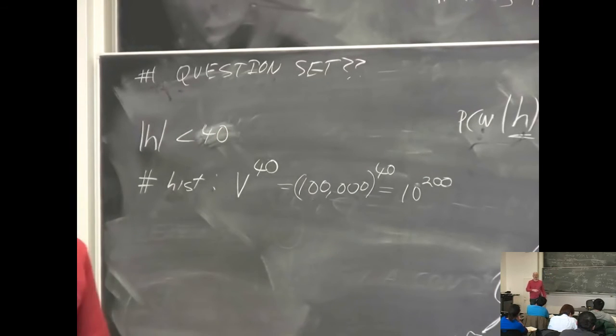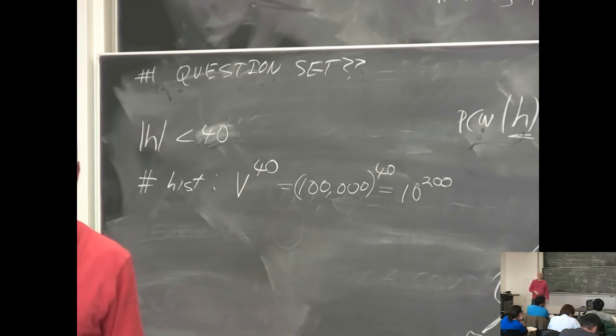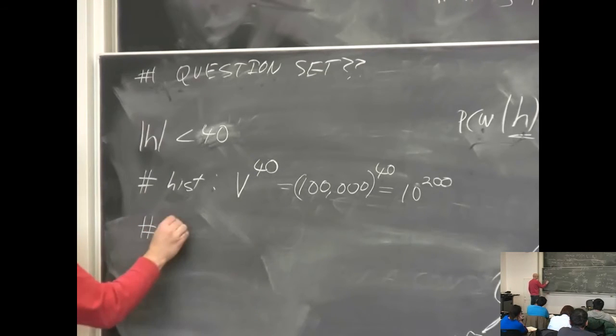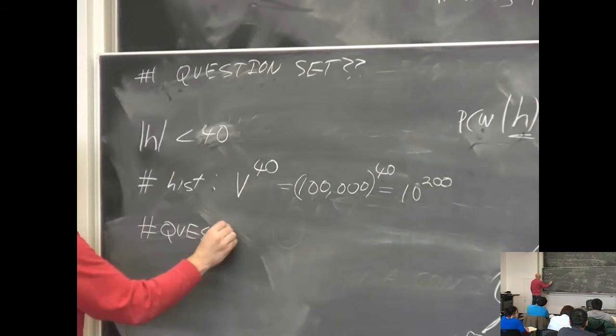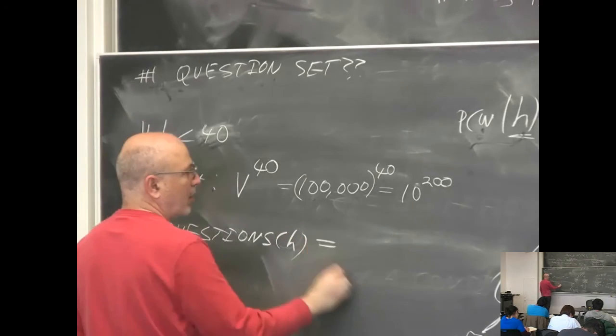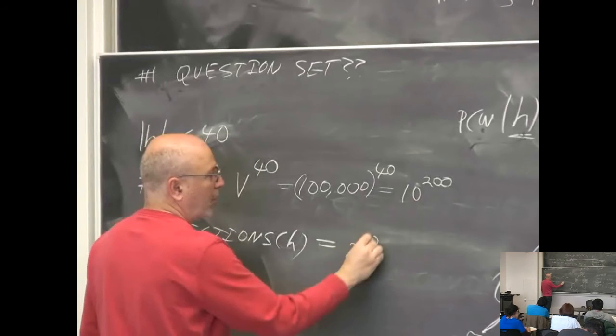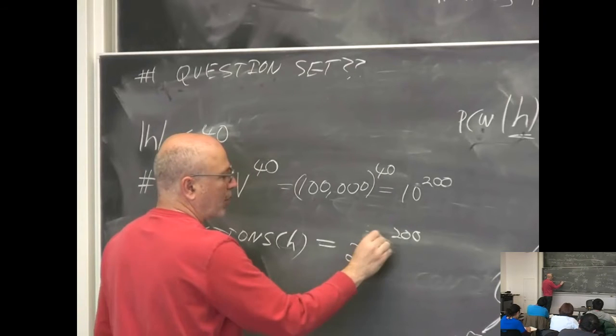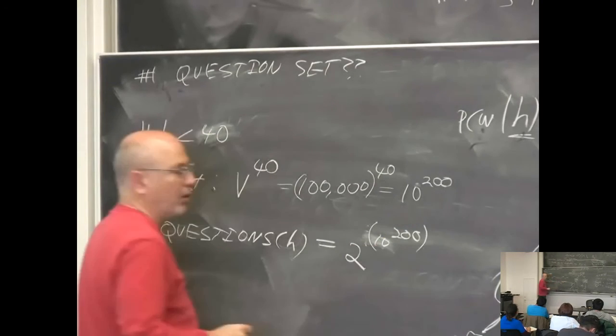Now, how many different questions are there over these histories? I'm sorry? 2 to the power of this number. The number of questions over the histories is 2 to the power of 10 to the power of 200.